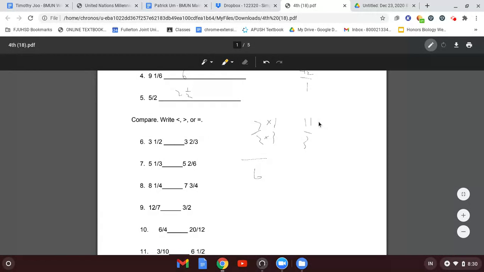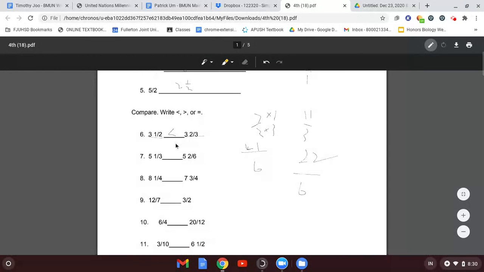Now for this one, you just multiply by 2. So 21 over 6 is this one, and 22 over 6 is this one. Obviously we know that 22 is bigger than 21, so this one's bigger.